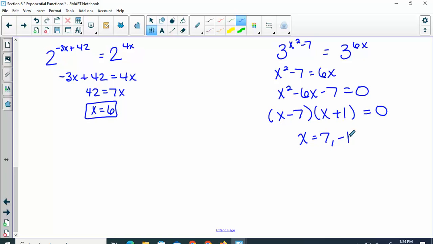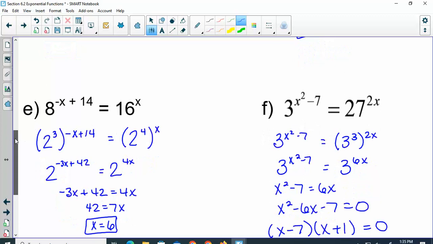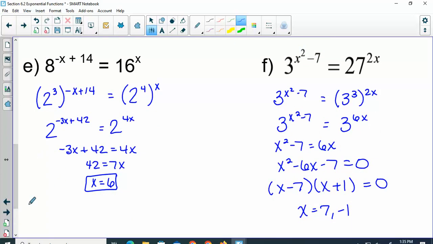Both of those options, we haven't done anything that should make them not work, but we could certainly double check. You have a calculator, so it's not that big of a deal. If you type in 3 to the 7 squared minus 7 power, you get this huge number.